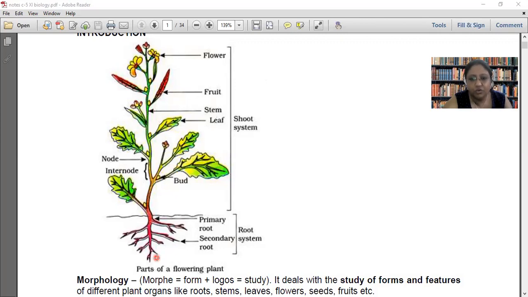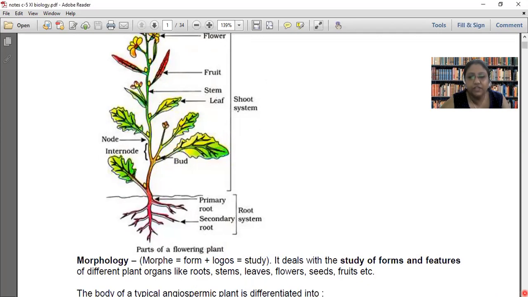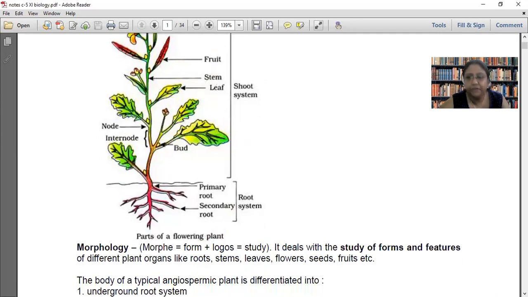So morphology is actually a combination of two words. One is morphe, that means form, and logos means study. So the study of forms and features of different plant organs, that is root, leaf, flowers, seed, is called morphology.